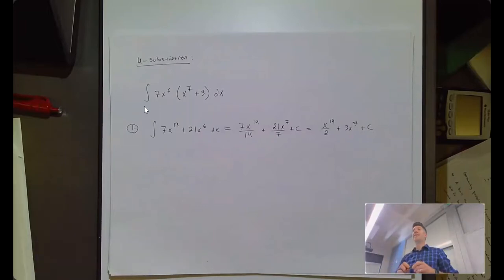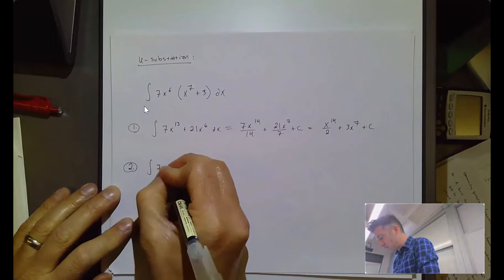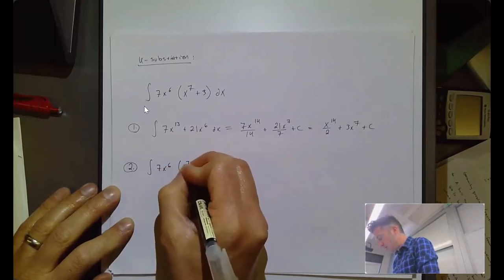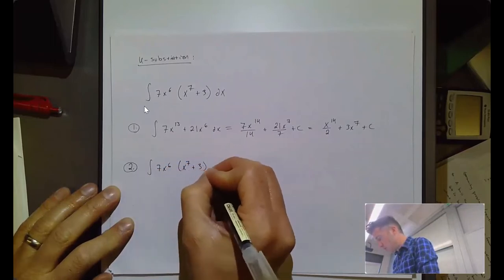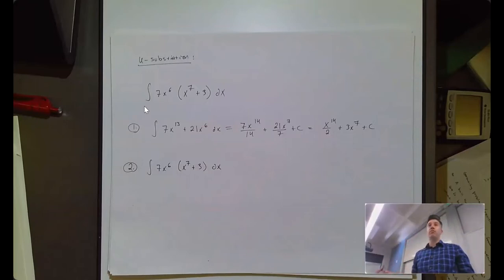So here's another way of doing a problem like this. For this integral, we are going to pick something to be u. What we're really picking is the inside part of the chain rule.